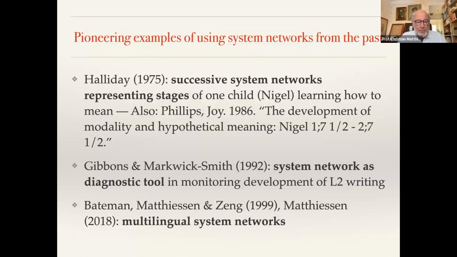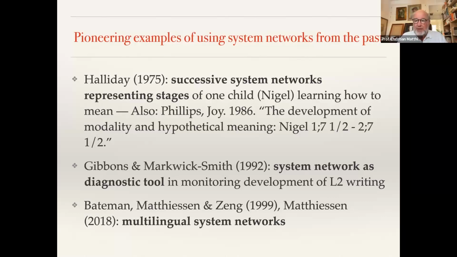Michael Halliday's groundbreaking case study of learning how to mean, starting at the age of about 5 months in the study of one child. That's been replicated since. So using system networks as representations of options and meaning, successive stages in the description of this early language development. So this allows the researcher to view the expansion of the resources for making meaning.